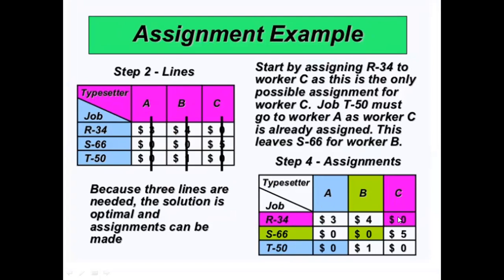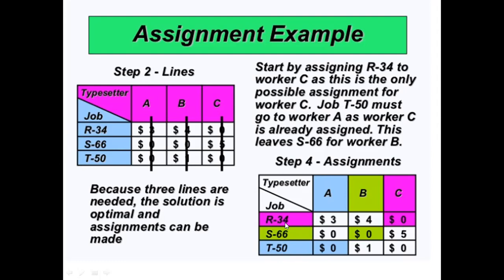You see the location of 0 here, here, here, here, and here. We try to choose. You can either start with T50, S66, or R34. But we have to make the feasible location first.